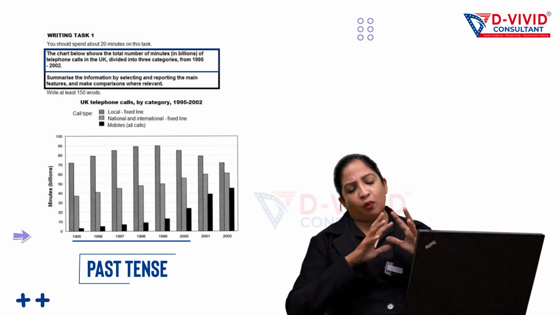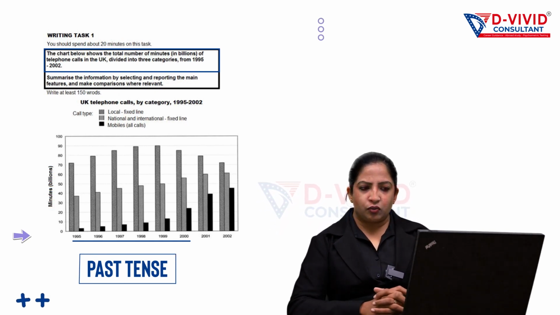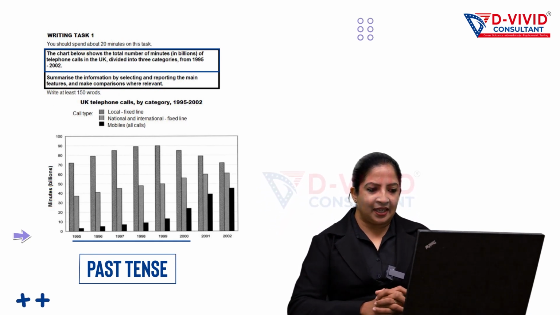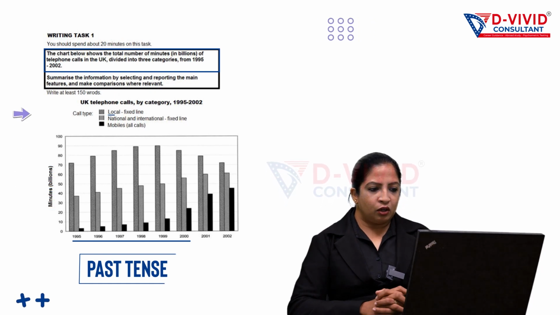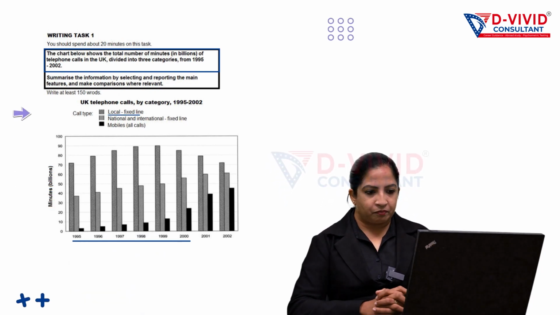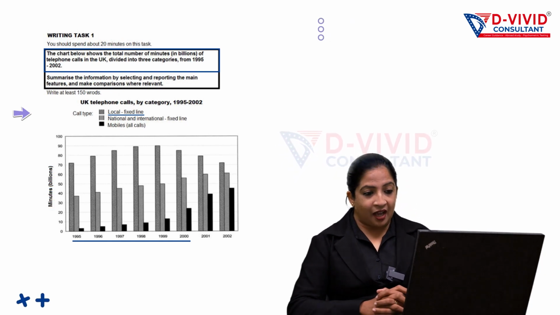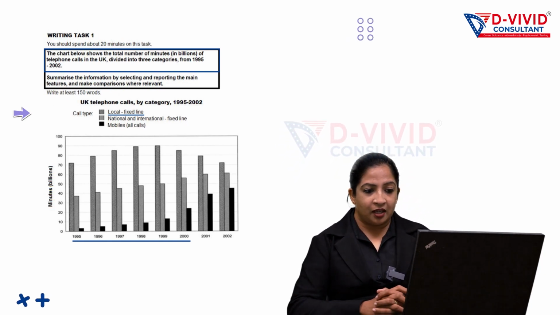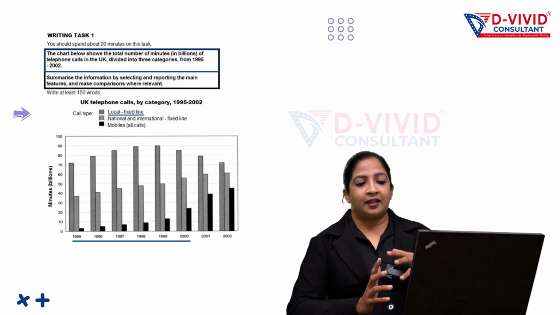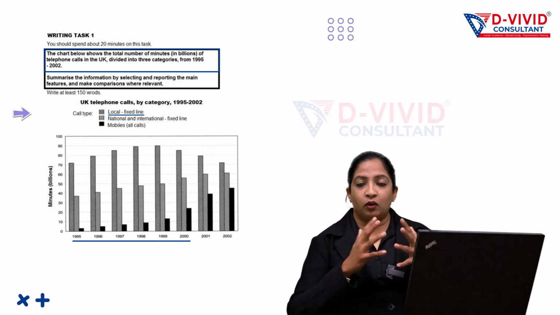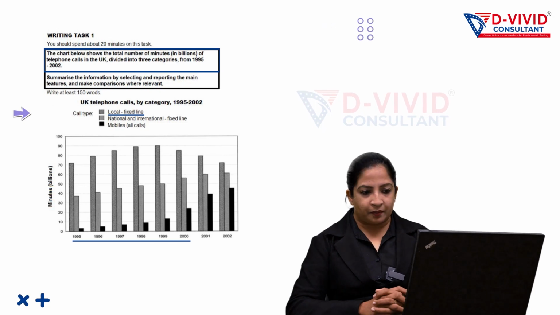And if I observe the image, what can I see? I can see that the local calls altogether, though they are decreasing after 1999, still are at the top amongst all three at the end.